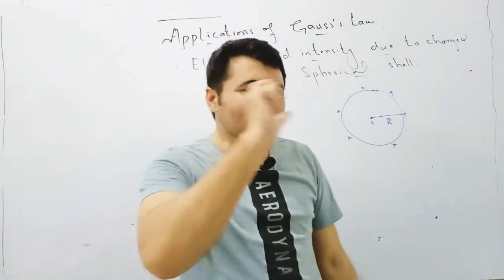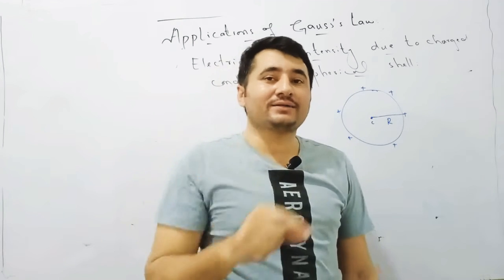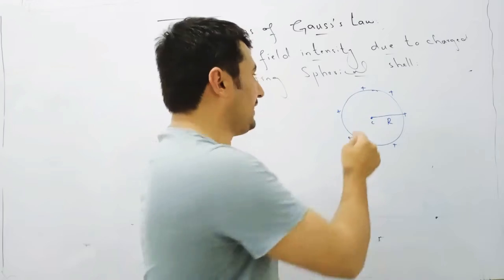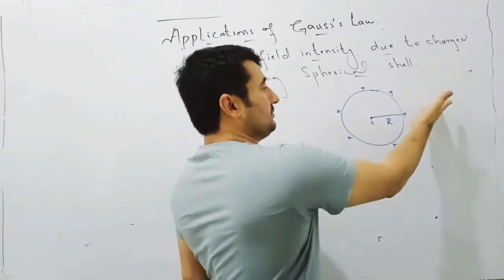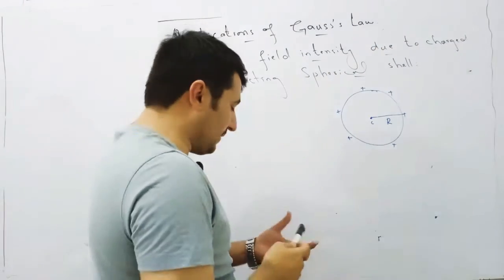So let's consider two cases. One is to find the electric field intensity at the interior by using Gauss's law, and the other is for a point outside the surface of the spherical shell.